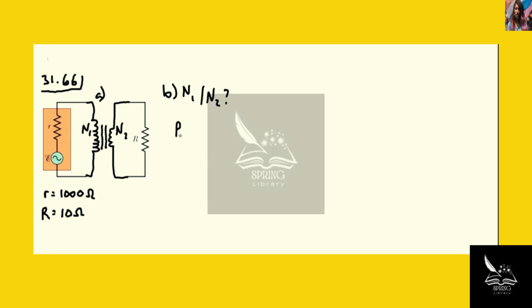So the power that's being dissipated in our big R is going to be the secondary current squared times R. Now the current in the secondary is equal to the turns ratio times the current in the primary.